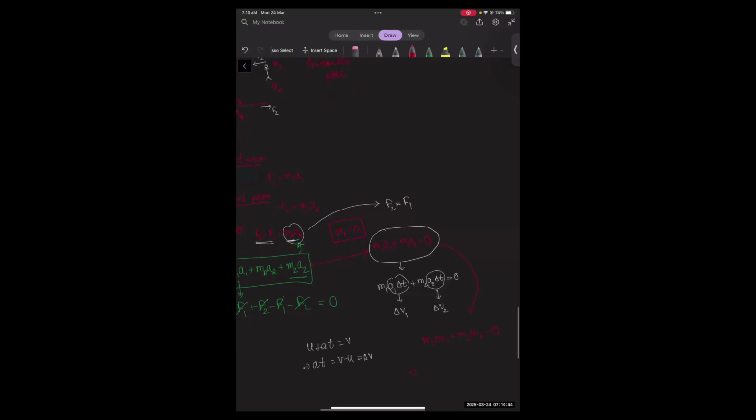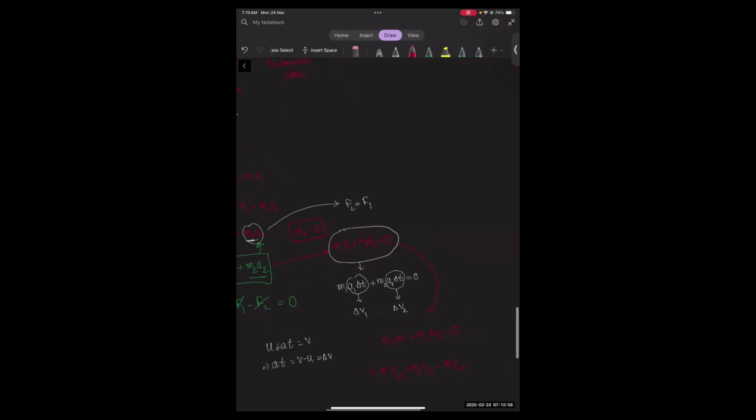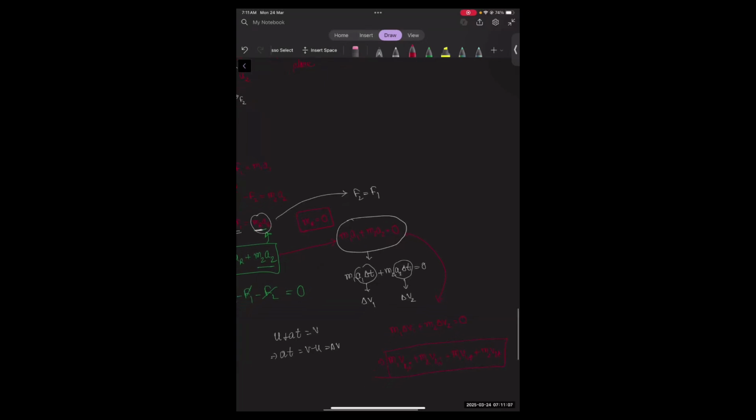If we write this more neatly, we can write this like this: m1 v1i initial plus m2 v2i initial is equal to m1 v1f final plus m2 v2f final. And this is, if you recognize, your momentum conservation equation. So in the process, you also showed that momentum conservation is an immediate consequence of Newton's third law.